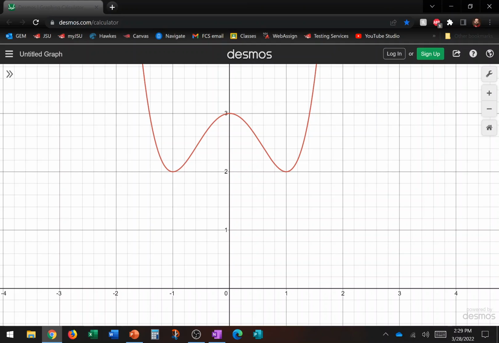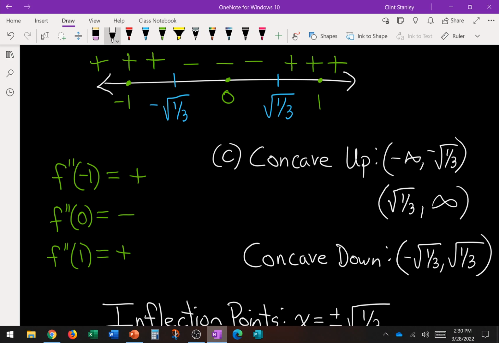And decreasing from 0 to 1, that looks good. We said increasing from negative 1 to 0, that's good, and increasing from 1 to infinity, that's good. We said we had a relative minimum at negative 1 and positive 1, and a relative, or local, that's what our book calls it, local maximum at 0. I hope that's what we said. All right, good.